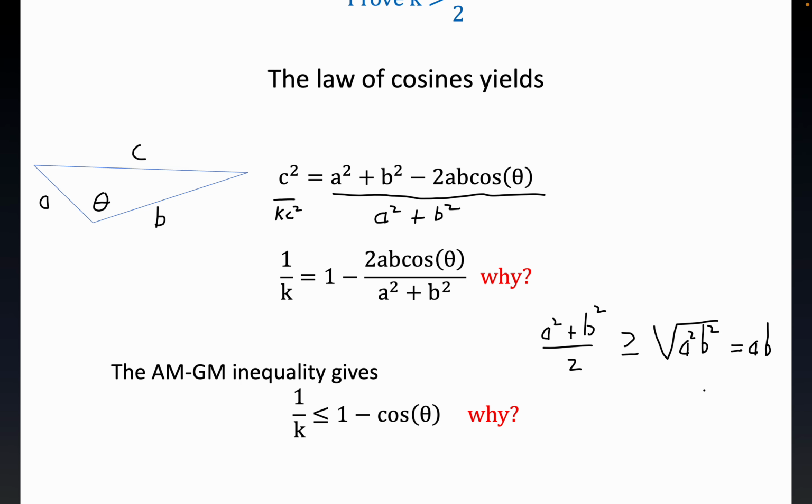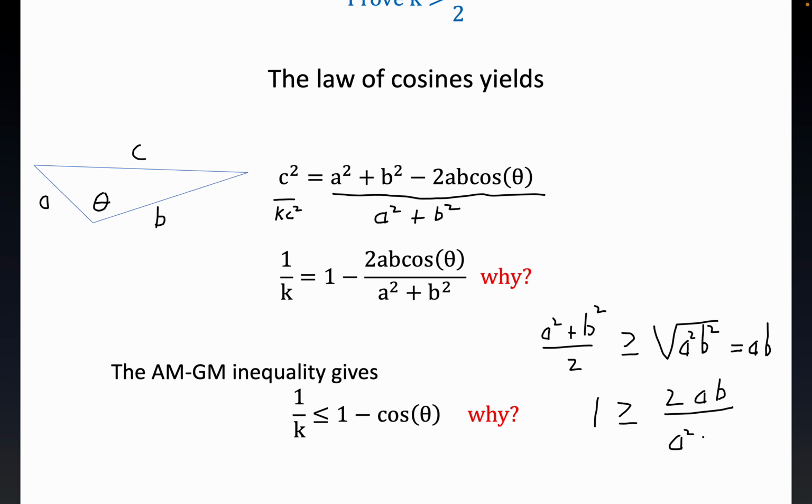What you get right here, if you multiply by 2 and divide, you would get 1 is greater than or equal to 2ab, and then divide by the sum a squared plus b squared.